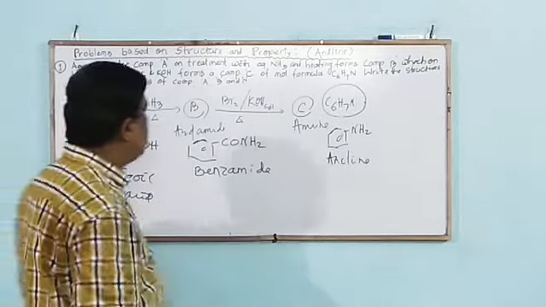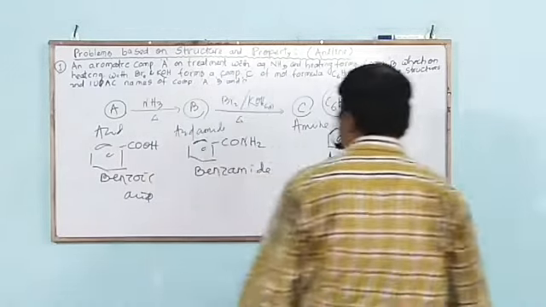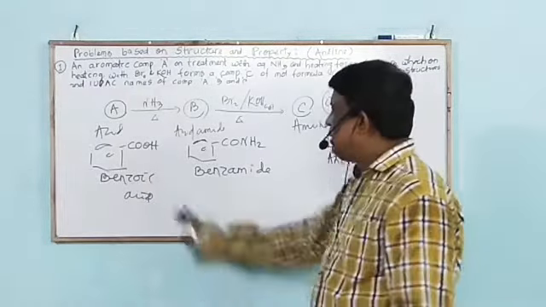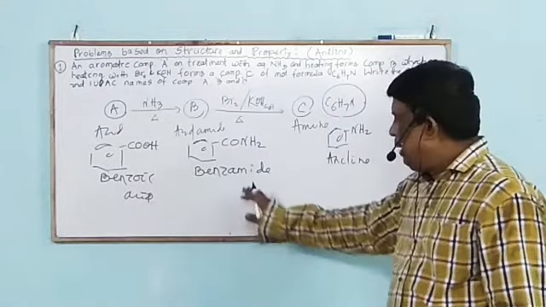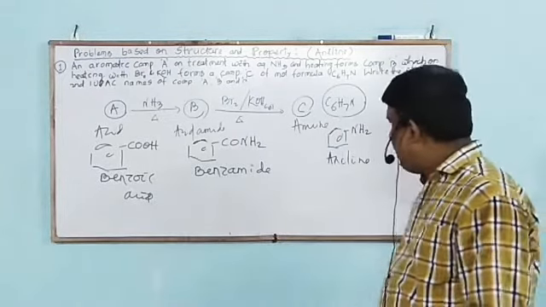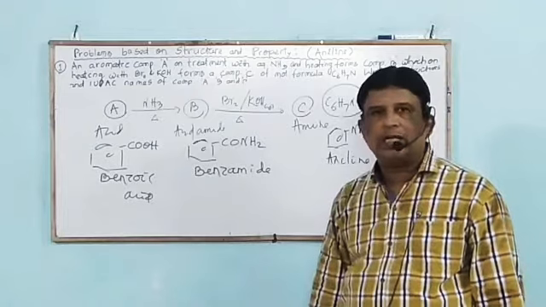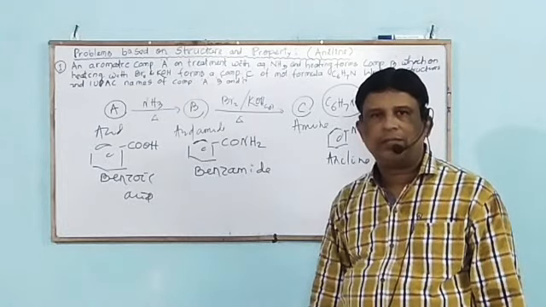So in the sequence of reaction, A is benzoic acid, B is benzamide, and C is aniline.